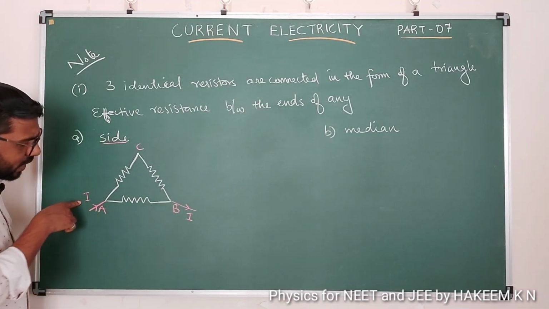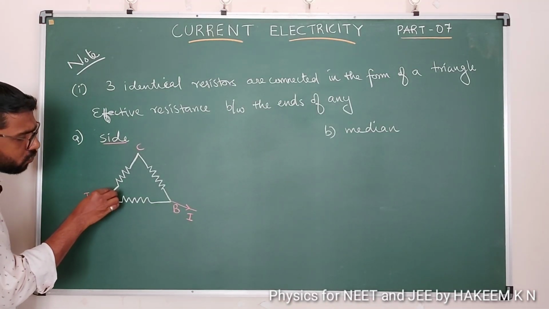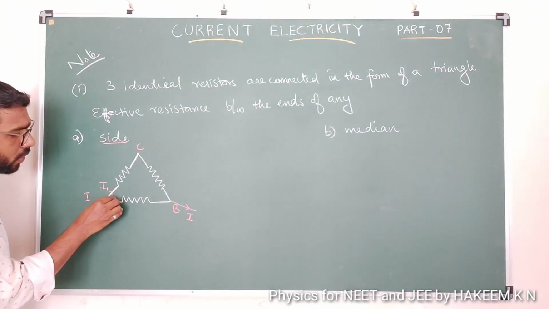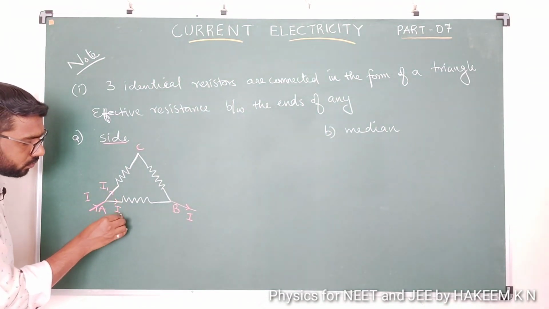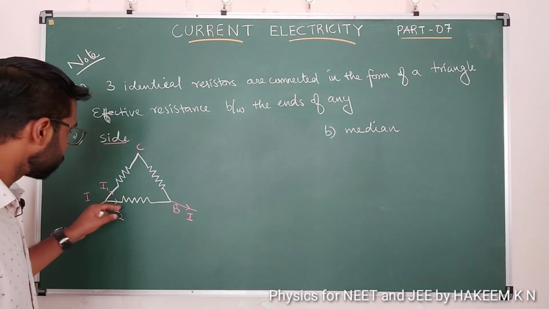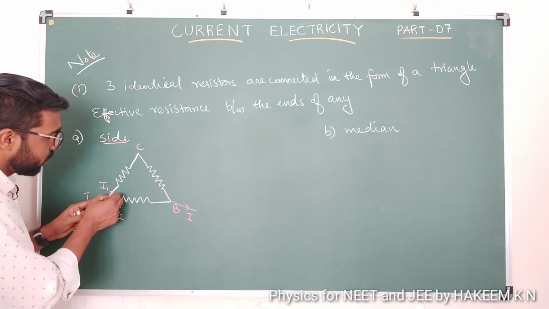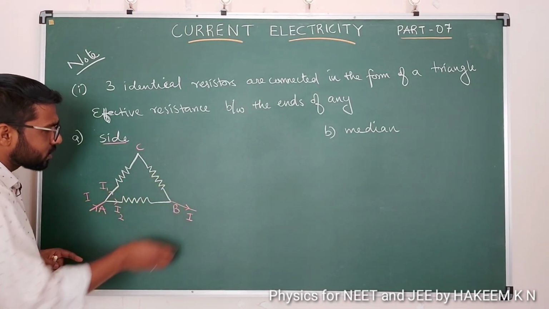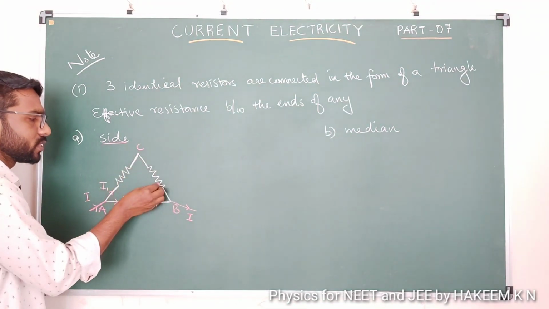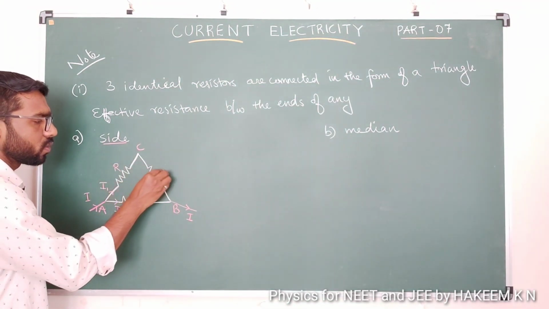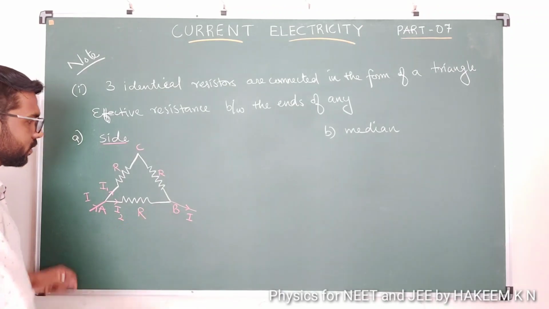So this current I splits into two pieces, I1 and I2. This I1 will pass through these two resistors. All resistors are identical.